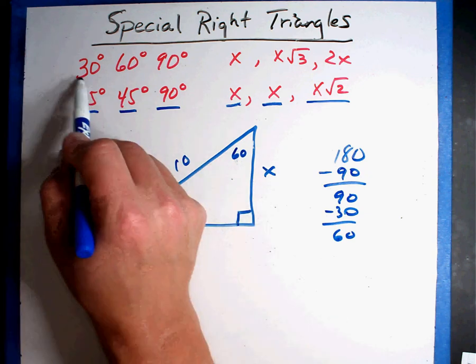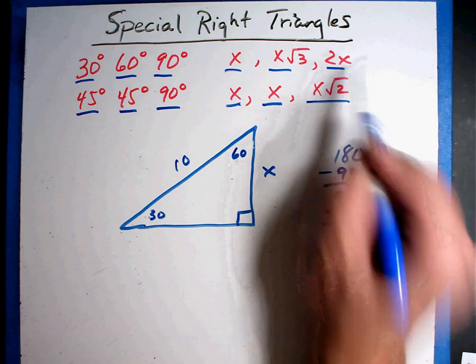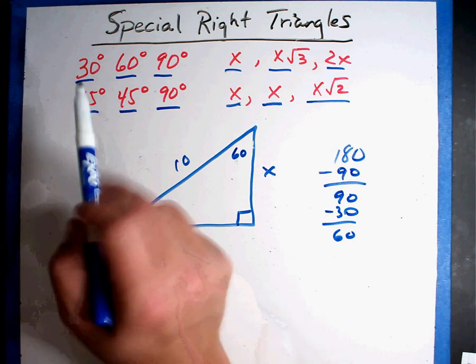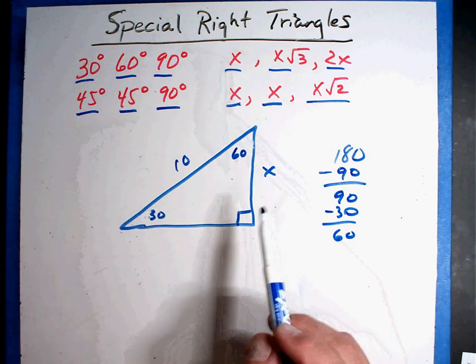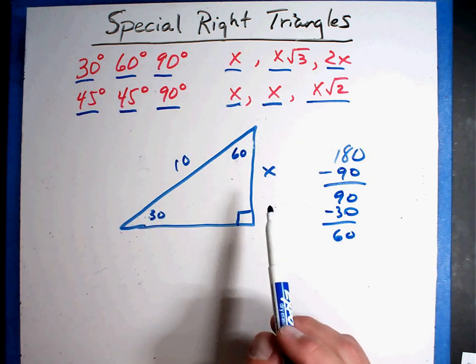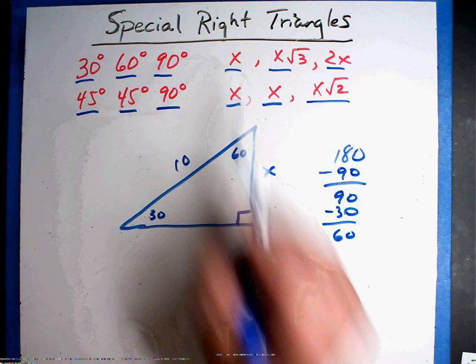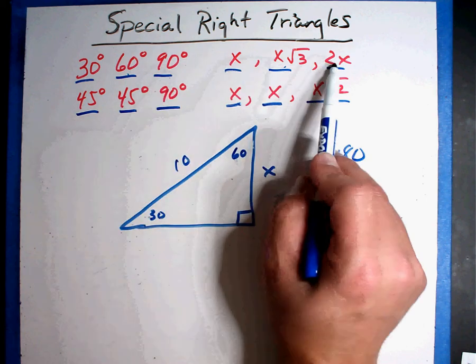Now, it's going to say for 30, 60, 90 that it's x, x square roots of 3, and 2x. Let's see if that's right. See if we get our answer. Okay, well, how are we going to do that? Well, notice the order, 30, 60, 90, x. If I match them up, 30 with this, that's x, 60 is going to be with that, 90 is going to be 2x.